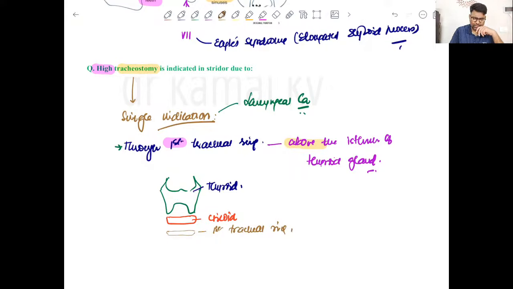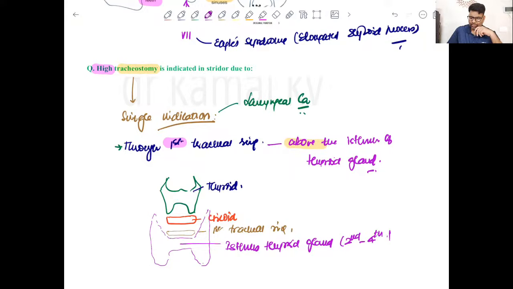Clear? Then this is the isthmus of thyroid gland. So the thyroid gland will be something like this, and the isthmus overlies nearly the second to fourth tracheal ring. Clear? So what we are doing in emergency tracheostomy is making an opening here in the first tracheal ring, and then putting the tracheal tube.